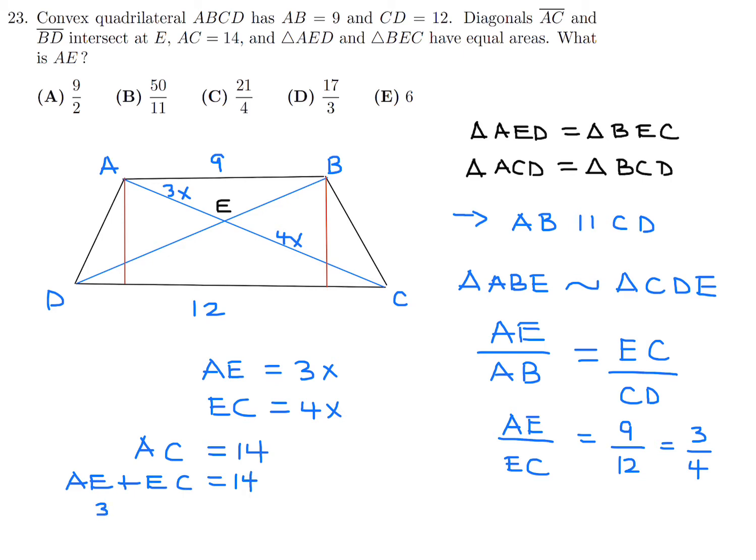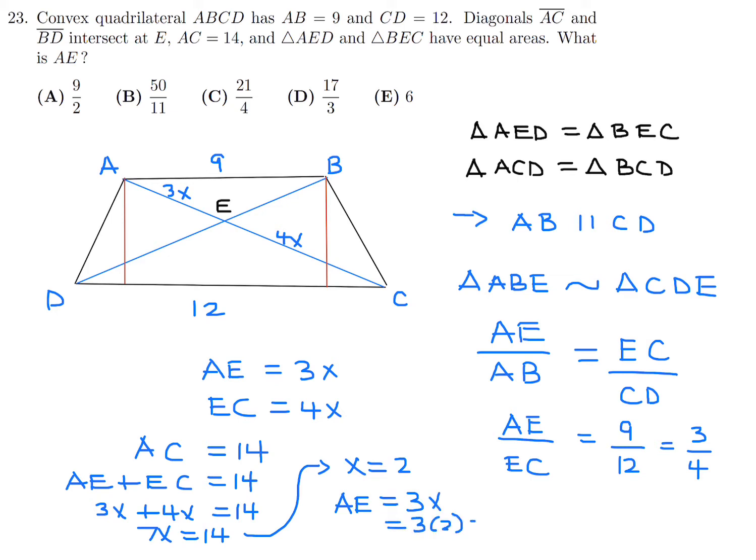And I've labeled it 3x plus 4x is 14. So that means 7x is equal to 14. And therefore x is equal to 2. So finally, to figure out the length of AE is equal to 3x, and therefore that is 3 times 2, which is 6. So number 23, the answer is E.